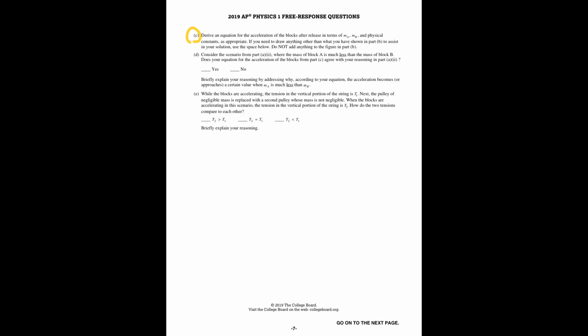Because this is a pulley, block, table problem, I know pretty quickly that I need to use Newton's second law to write an equation that relates the acceleration and the net force. And I also know that for this two-block system, I can write one equation that wraps around this pulley.